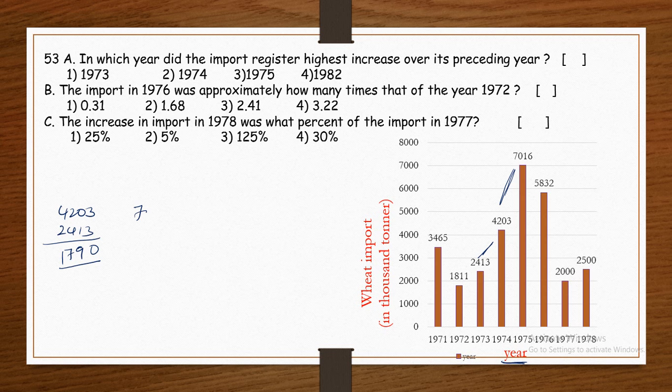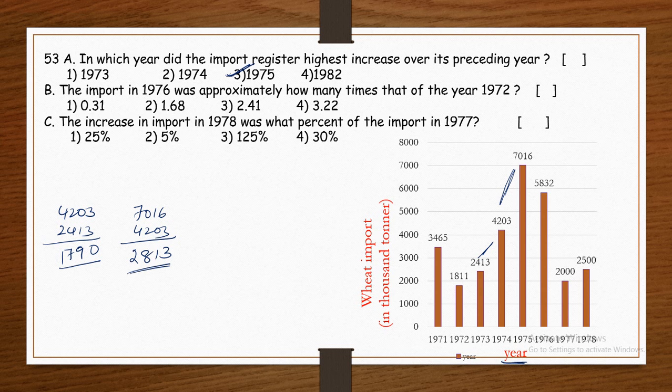Whereas if I consider 7016 and 4203: 6 minus 3 is 3, 10 minus 2 is 8, next 6 minus 4 is 2. So here if you observe we are having 2813, which is comparatively more. That means in which year do we have the highest increase? 1975. Hence the answer is 1975.